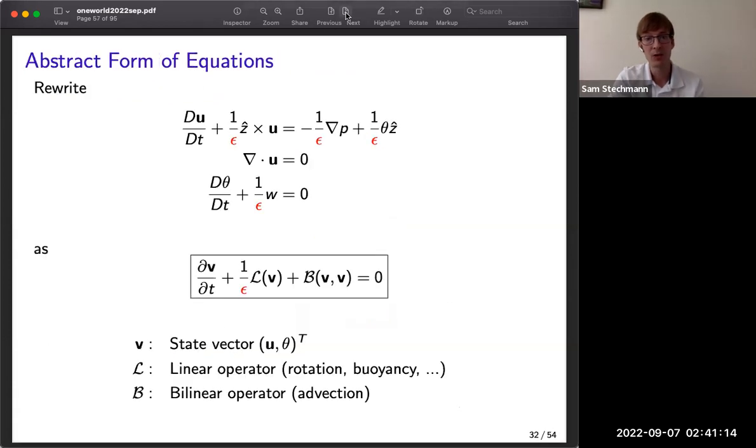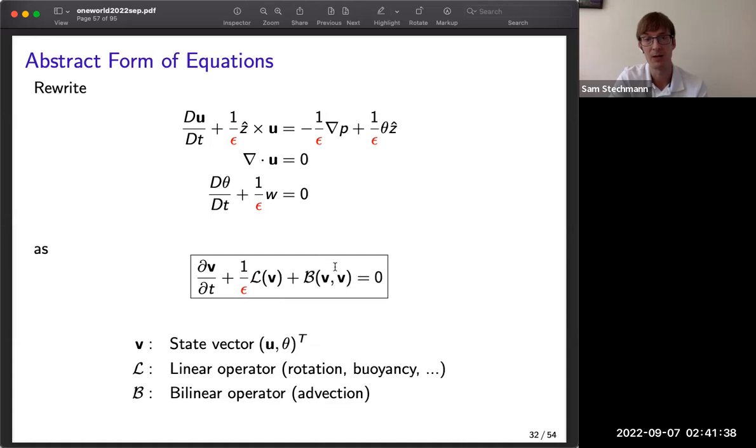Okay, and there's an abstract version of this, which I think is helpful, so I don't have to keep writing tons of equations all the time. I can create a state vector that I'll call bold V by putting together the velocity and potential temperature. Then this system takes this form. It has a linear operator from rotation and stratification, et cetera, that's fast with 1 over epsilon.